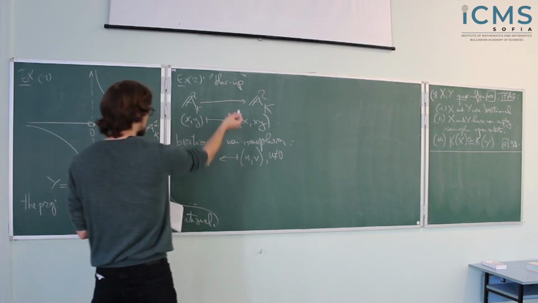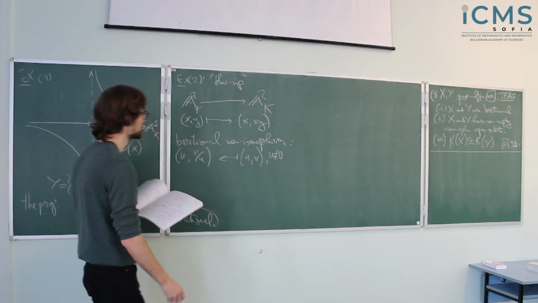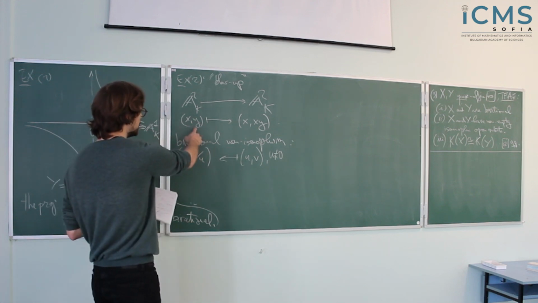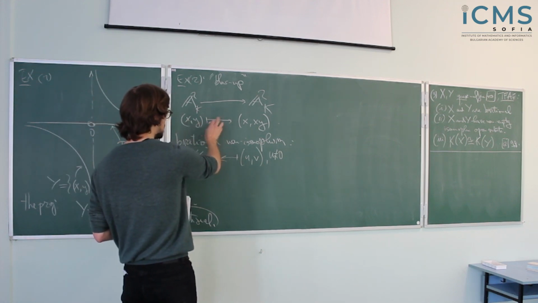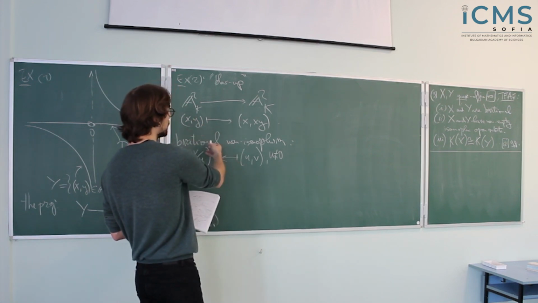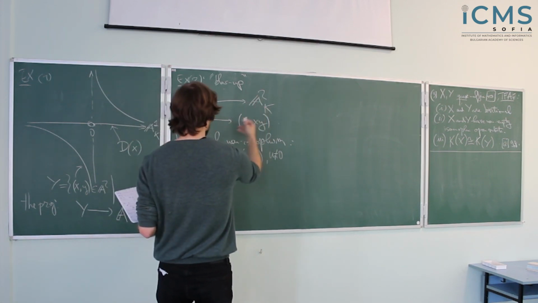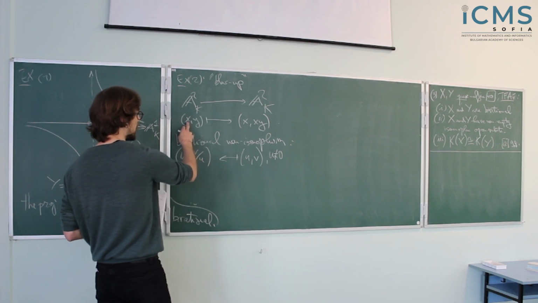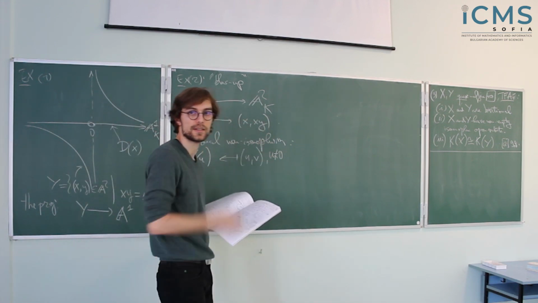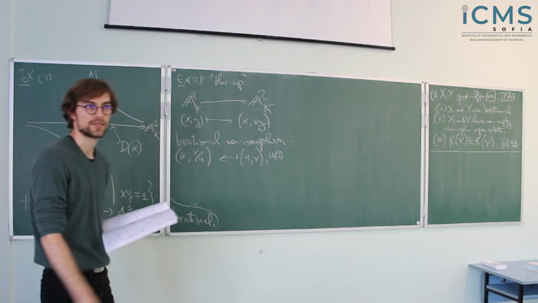This is not even injective and not even surjective, because if x is equal to 0, then all points with x equal to 0 will be sent to 0. So there's an infinite line in the fiber of zero.